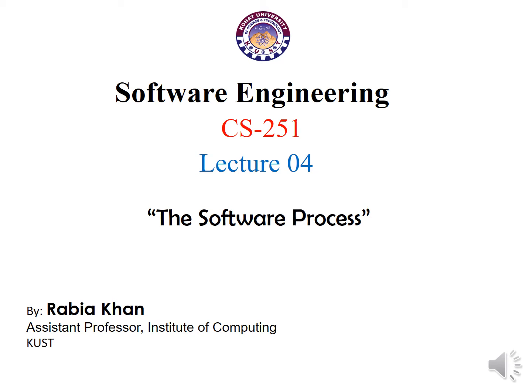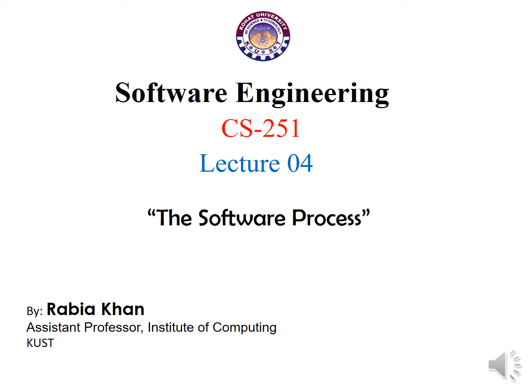We continue our discussion in software engineering and start our next chapter, the second chapter, that is the software process. Earlier in the class, we discussed the first chapter, which was Introduction to the Subject.